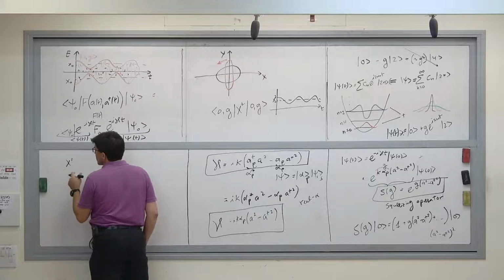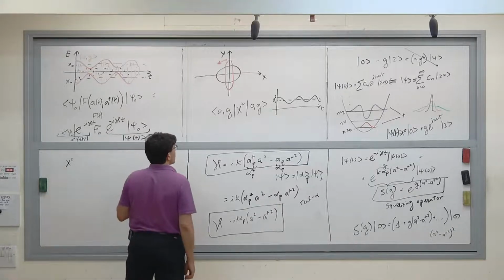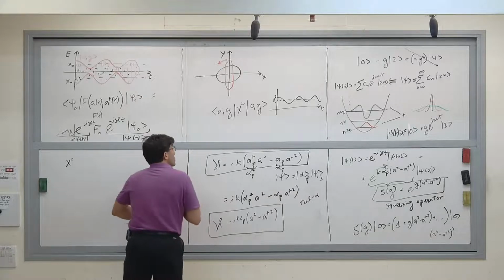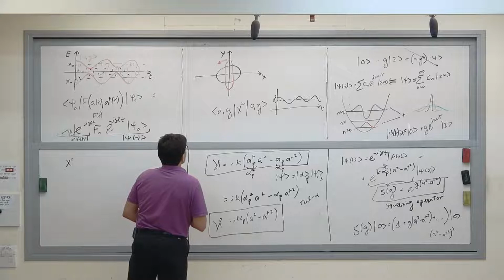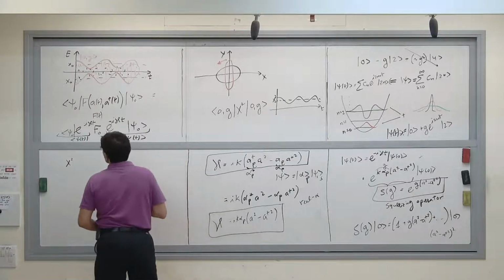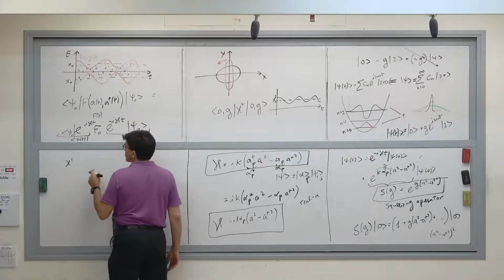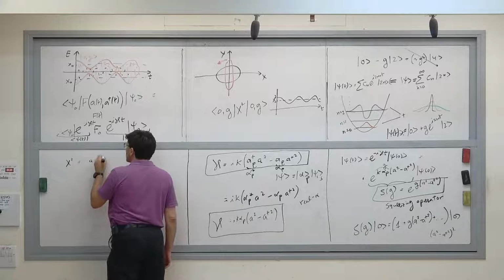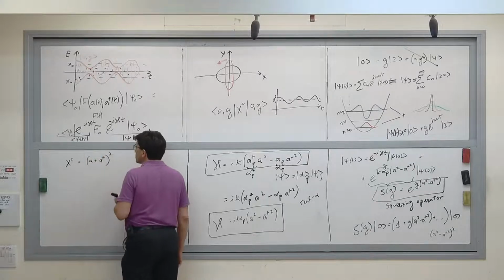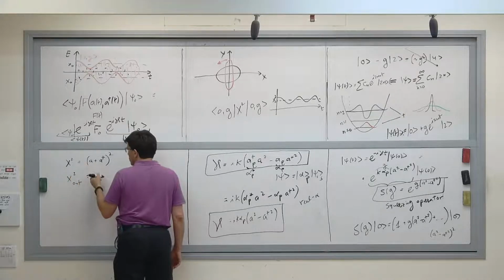Well, this is a plus a dagger squared, and if I want to talk about x out squared, then that would be those.